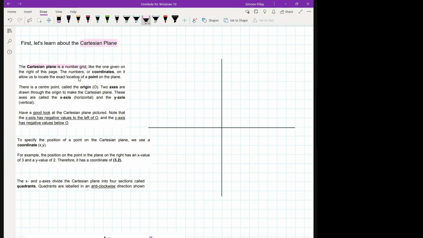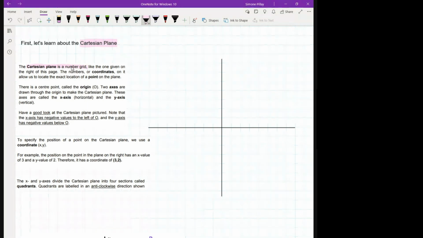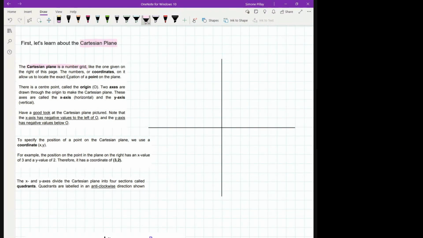This paragraph says further, the numbers or coordinates on it allow us to locate the exact position or the exact location of a point on the plane. So what it's saying is that at any given point, there are numbers that will tell us the exact position of this point on the plane.